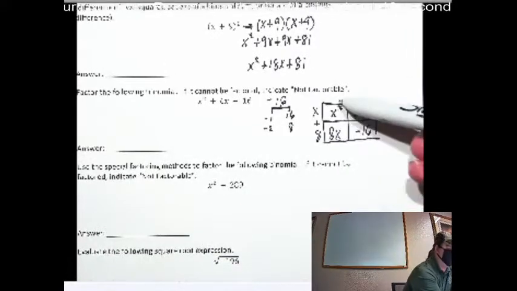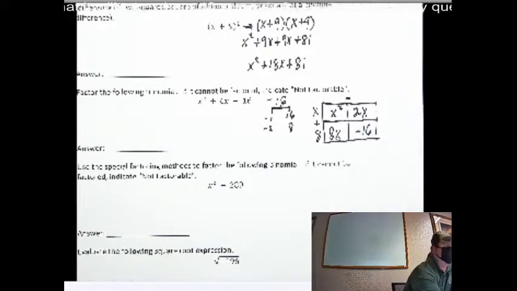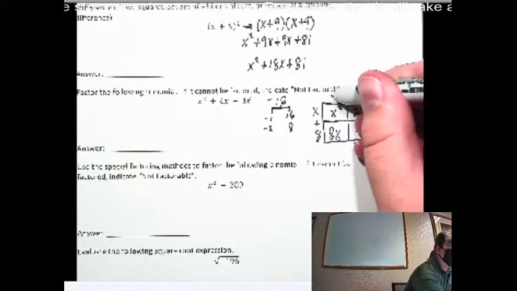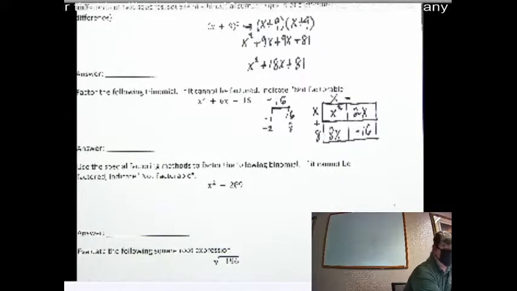All right? This column, what do they have in common? So x squared and 8x can both be divided by x. They both have x in common. And 2x and 16 can both be divided by what?